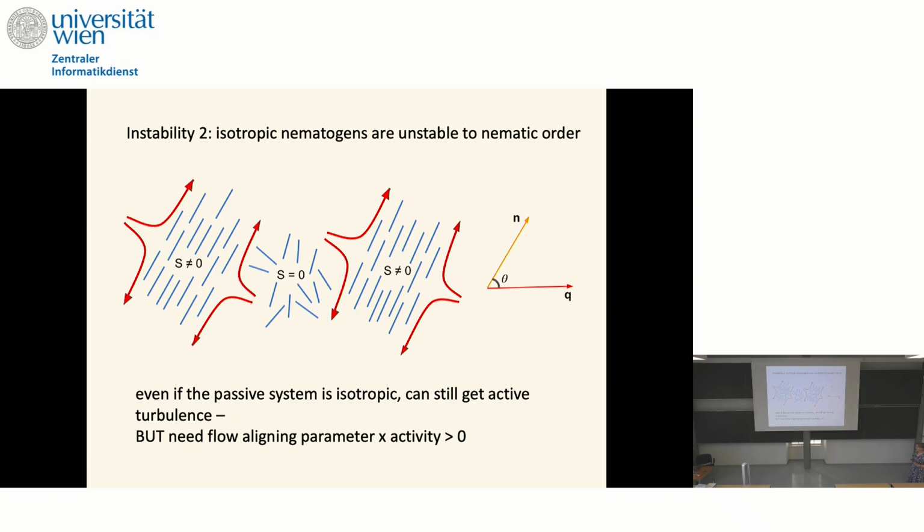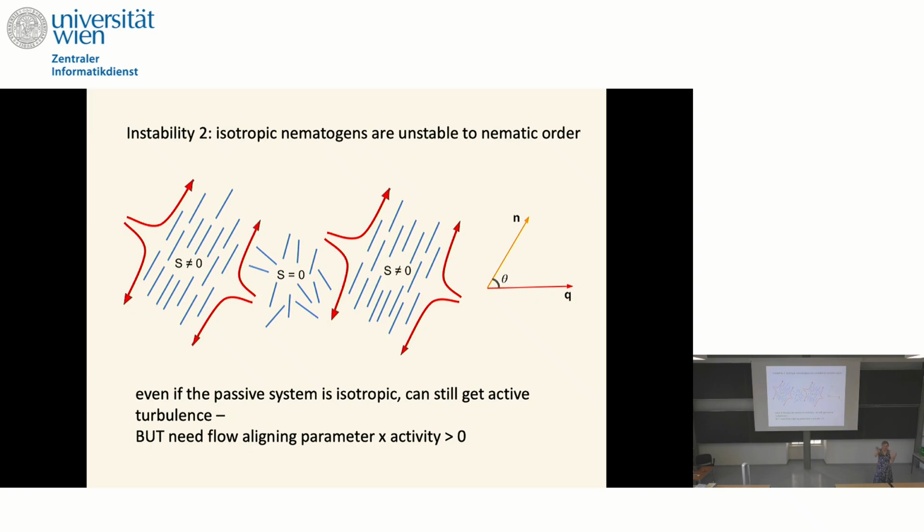And you can show that using the equations as well. So if you start off with a system which doesn't have nematic order and you turn on activity, the activity itself will give you nematic order, which will then be killed by instability 1 to give you active turbulence.